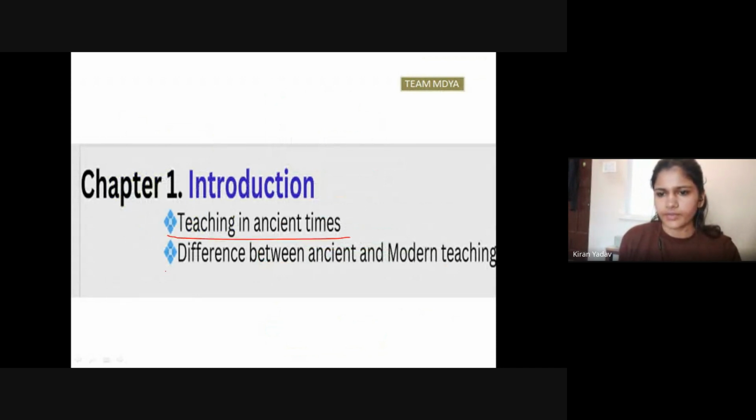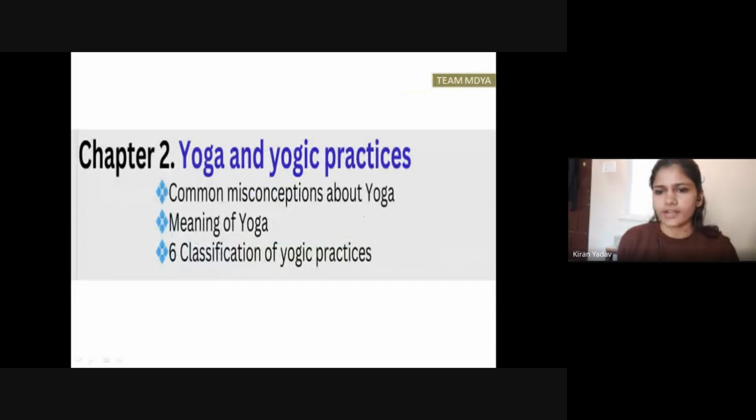In chapter 1, teaching in ancient times and difference between ancient and modern teaching. In chapter 2, yoga and yogic practices, we will study the common misconceptions in the field of yoga, the meaning of yoga, and the 6 classifications of yogic practices given in this book.